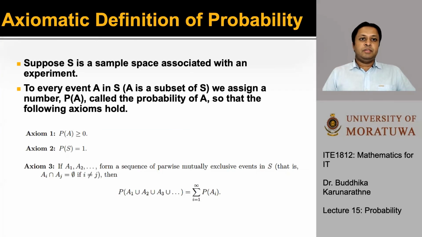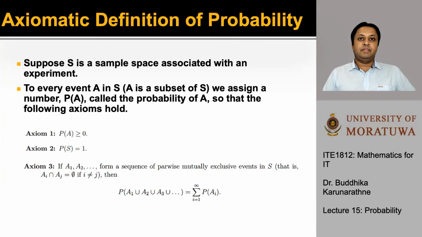Now we introduce the axiomatic definition of probability. We take a sample space S associated with an experiment. In this sample space, to every event A, where A is a subset of S, we assign a number P(A), called the probability of A, so that the following axioms hold.